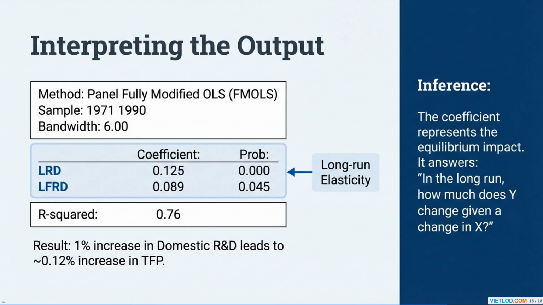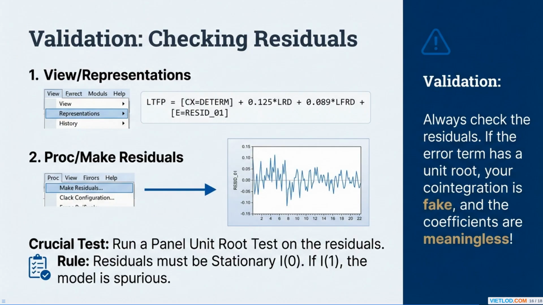Here we see the FMOLS results for our R&D case study. The coefficient for LRD, log domestic R&D, is 0.125. The coefficient for LFRD, log foreign R&D, is 0.089. Both coefficients have very small p-values, 0.00 and 0.045, indicating they are statistically significant at the 1% and 5% levels, respectively.